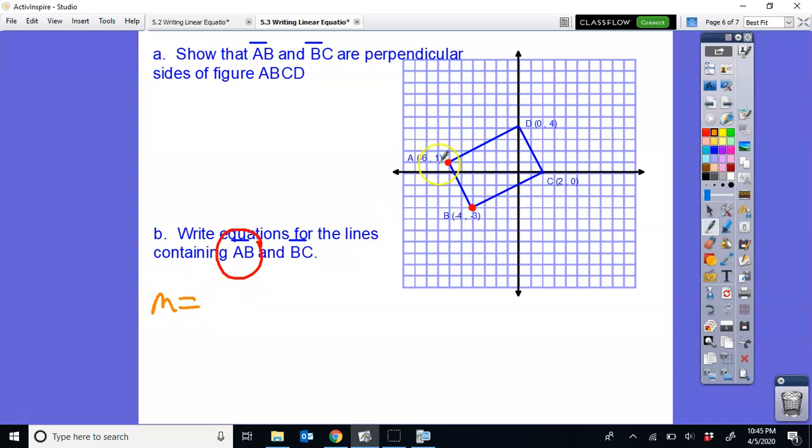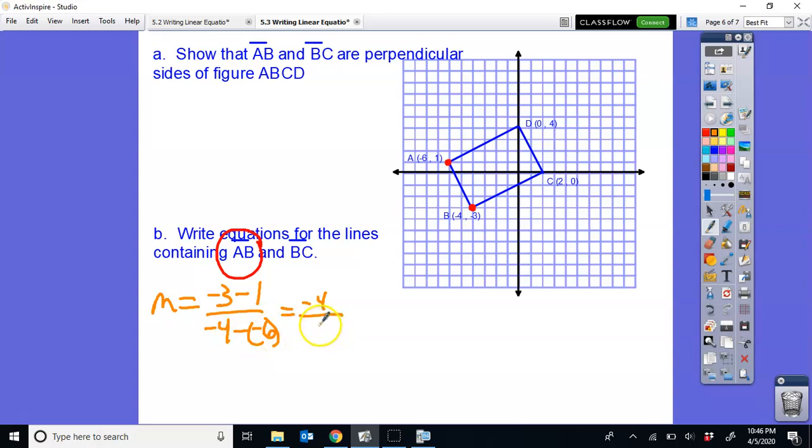So the slope, using these 2 points, if I do y2 minus y1 over x2 minus x1. So again, I'm going to say that again. y2 is -3 minus y1 is 1 over x2, which is -4, minus x1, which is -6. -3 minus 1 is -4. -4 plus 6 right there, because minus a negative becomes plus a positive.